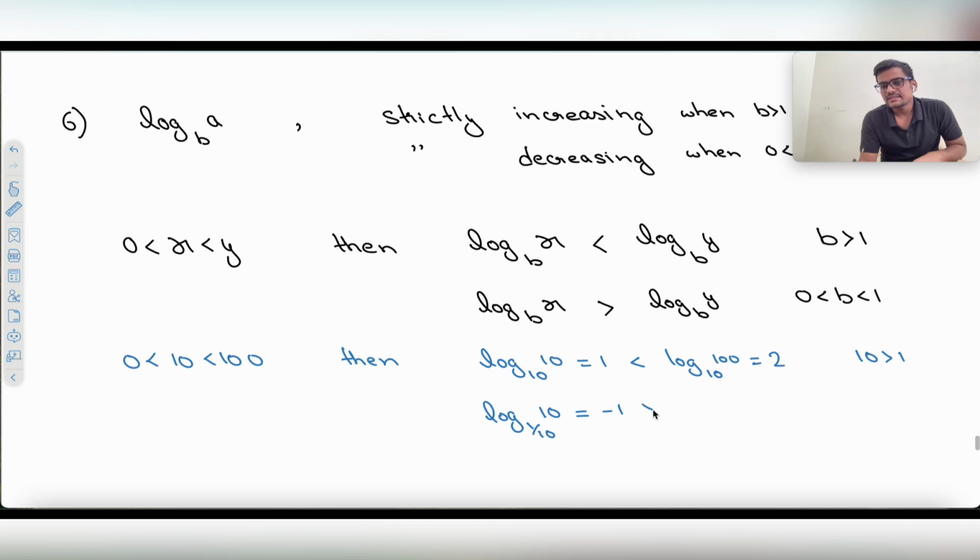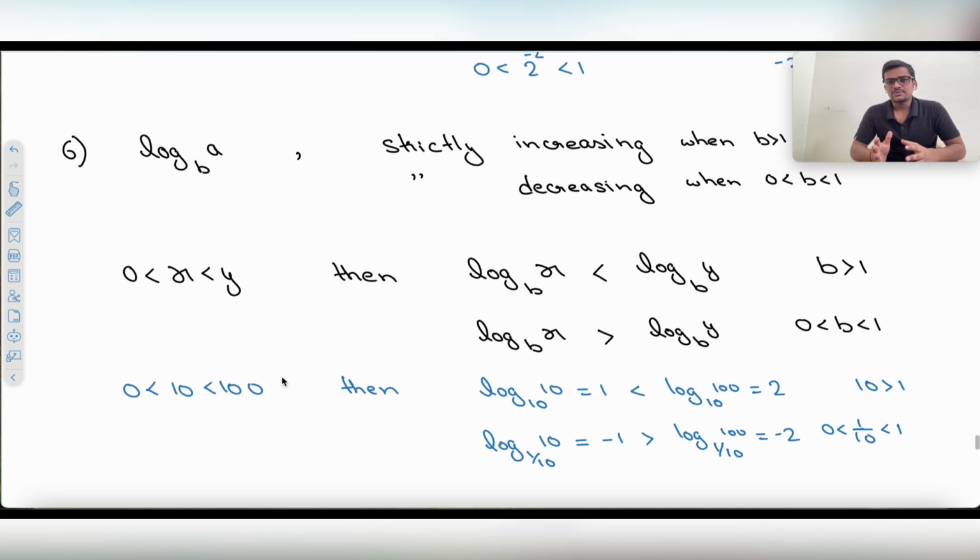And that is greater than log base 1 by 10 of 100, that is equal to minus 2, right? So here the inequality sign will change because 1 by 10 is between 0 to 1. So this is the concept. So hope you understood this concept. These are some basic rules and some standard examples that you have to remember and keep in your mind while solving the problems.